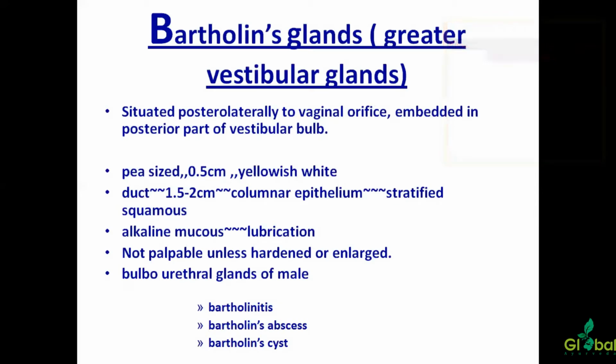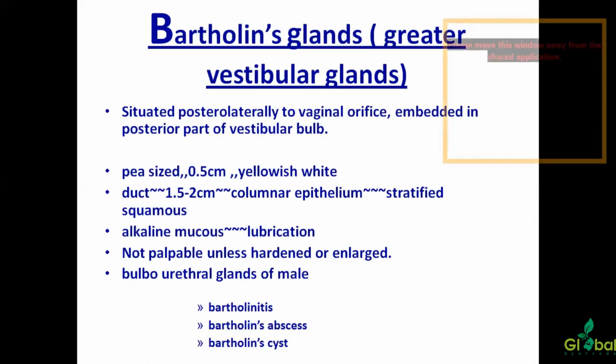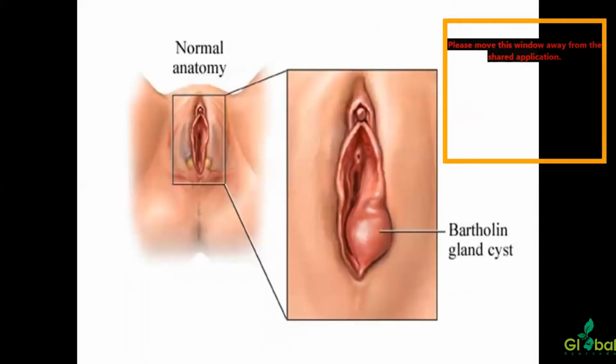It is lined by columnar epithelium and stratified squamous epithelium, and it contains alkaline mucus which helps in lubrication. It is not palpable unless it is enlarged or hardened, and it is similar to the bulbourethral glands of the male. When pathology occurs, there will be Bartholinitis, Bartholin abscess, and Bartholin cyst.